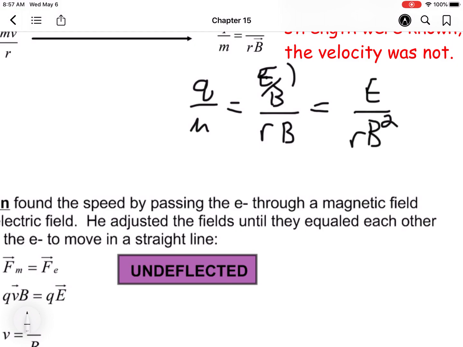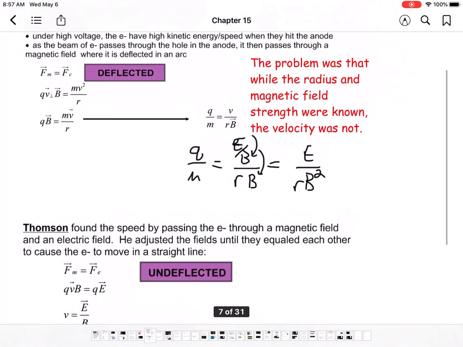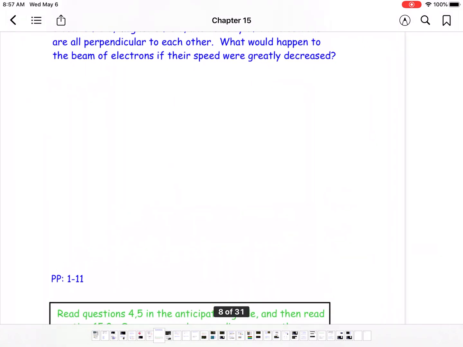I divide by B, then I have to divide by B again, so it's B squared. We're going to use that.